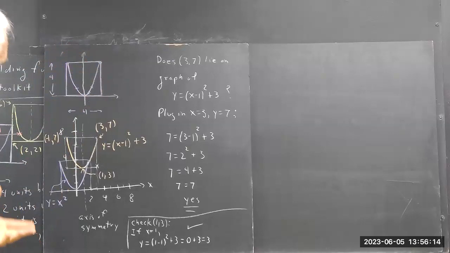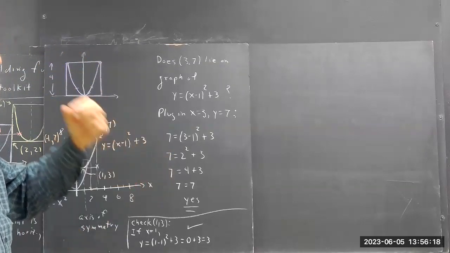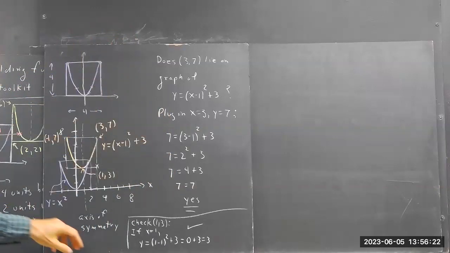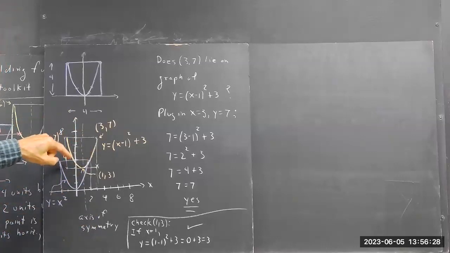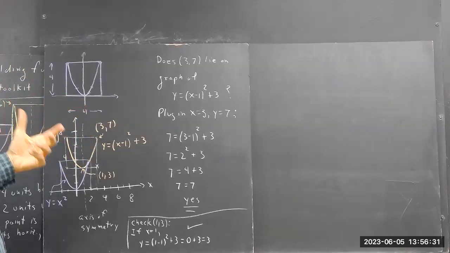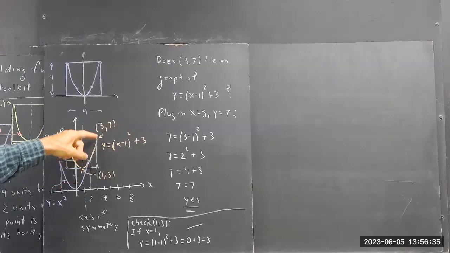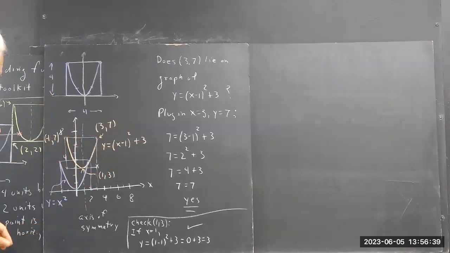Now, if we take each of those points and move it 1 unit to the right and 3 units up, what will the coordinates be? In other words, can you list the coordinates of the transformed basic points? 7 points there. What would their coordinates be?